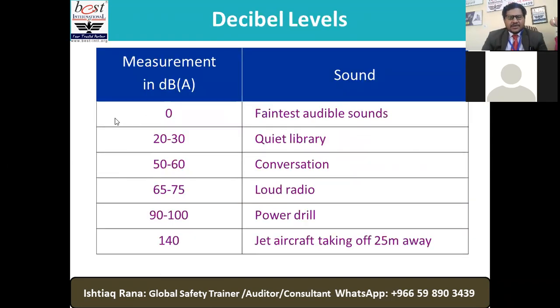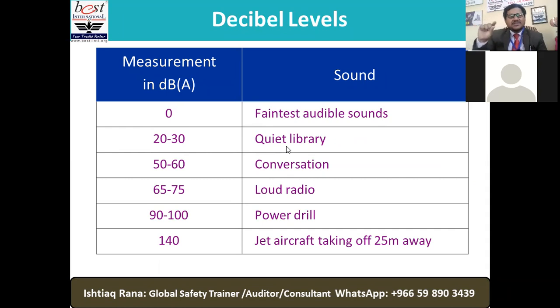Now see the impact or the level. 0 decibel means the faintest audible sounds. Still you can feel some sounds. 20 to 30 decibel is a quiet library.